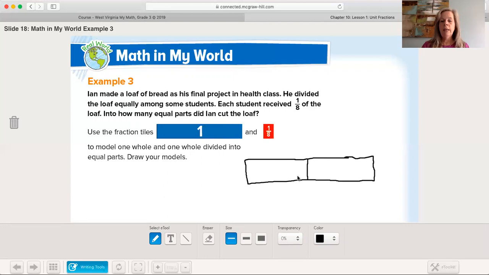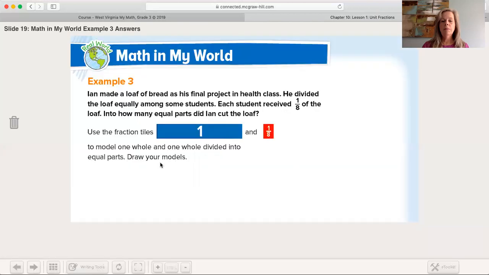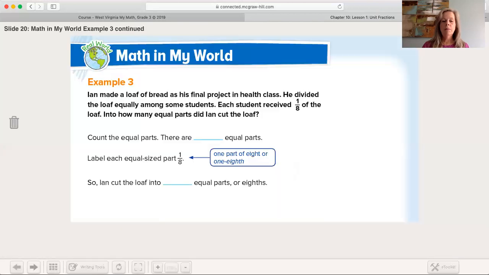So we can divide it into half, divide that into fourths, and then if we split the fourths again, we have eighths. So let's look. One eighth.